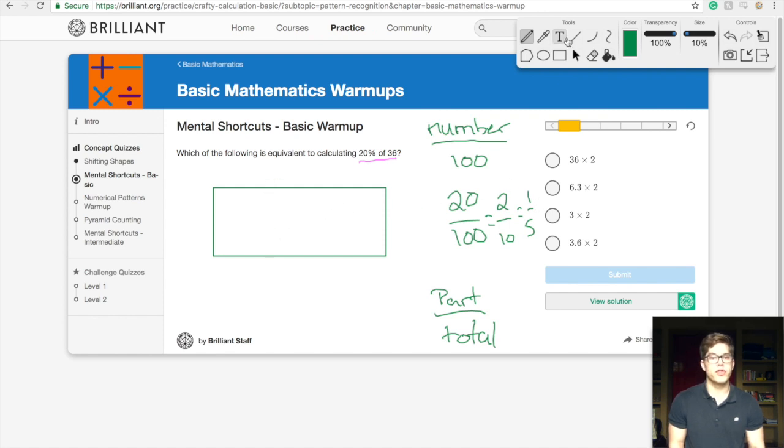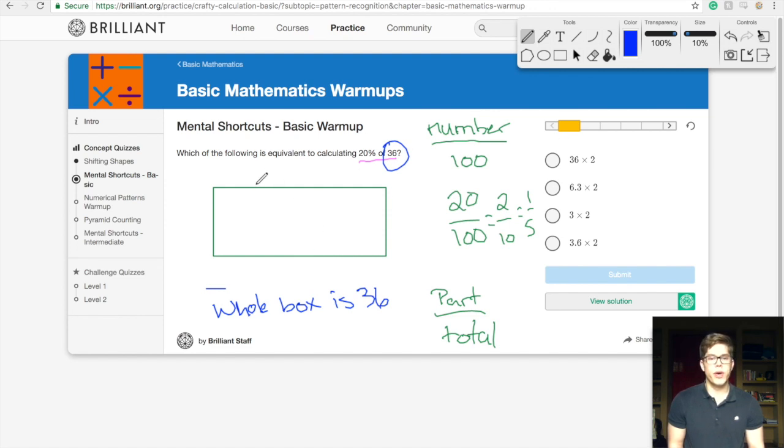So if we had a box over here and we have the whole box, the total thing, the whole box is 36, as that's our total. To find 20%, what would we do?